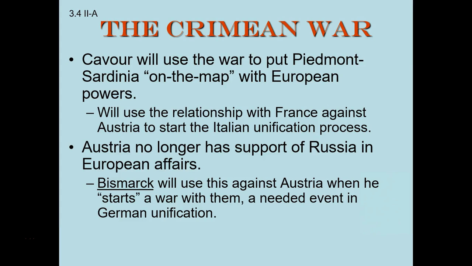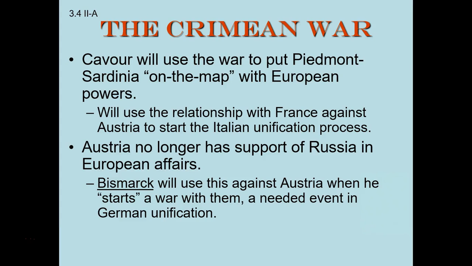Camillo Cavour will come to this war as a country that really had no business being there. He just wanted to sit at the big boys table, and throughout the course of this war he builds a good relationship with France. And Cavour, as we will see later, will develop that friendship, especially with Napoleon III of France, into an alliance that he will use against Austria.